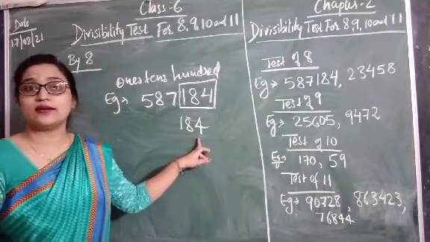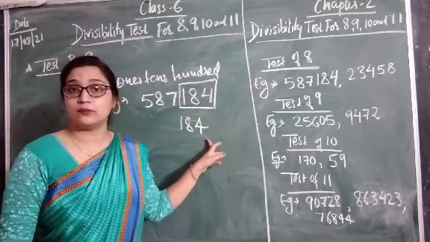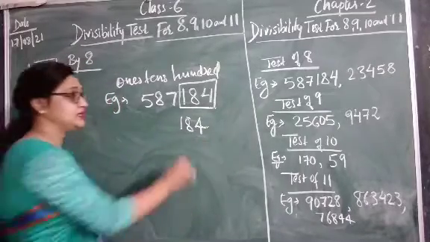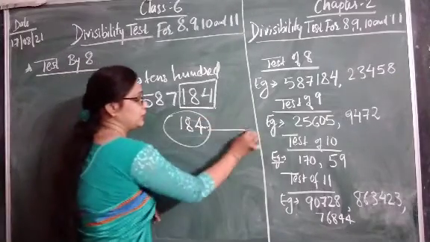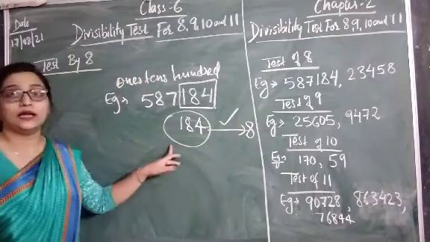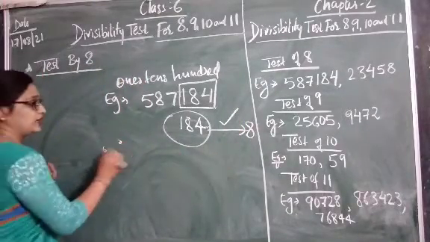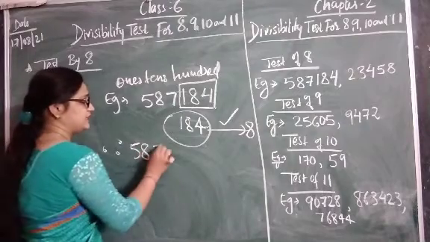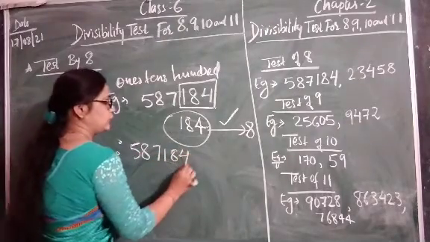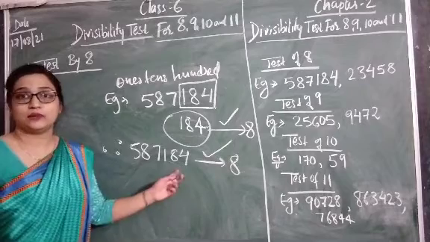If we divide this 184 by 8, no remainder will be left. That means this 184 can be divided by 8 or it is divisible by 8. Therefore, the number 587184 is also divisible by 8.